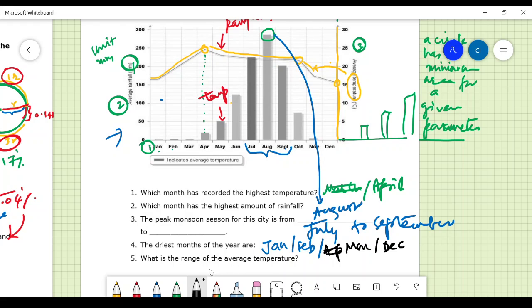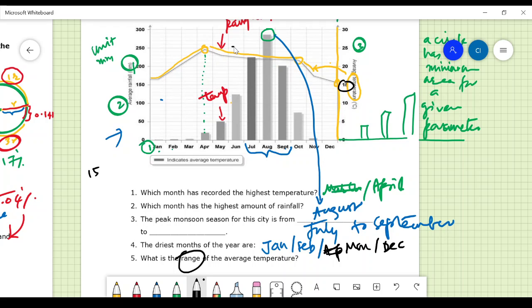What is the range of the average temperature? Average temperature is asking about the range. So range means you have to just tell that it is about... average temperature means you just have to take down this temperature. 15 degrees is the minimum there, right? 15 degrees is the minimum.